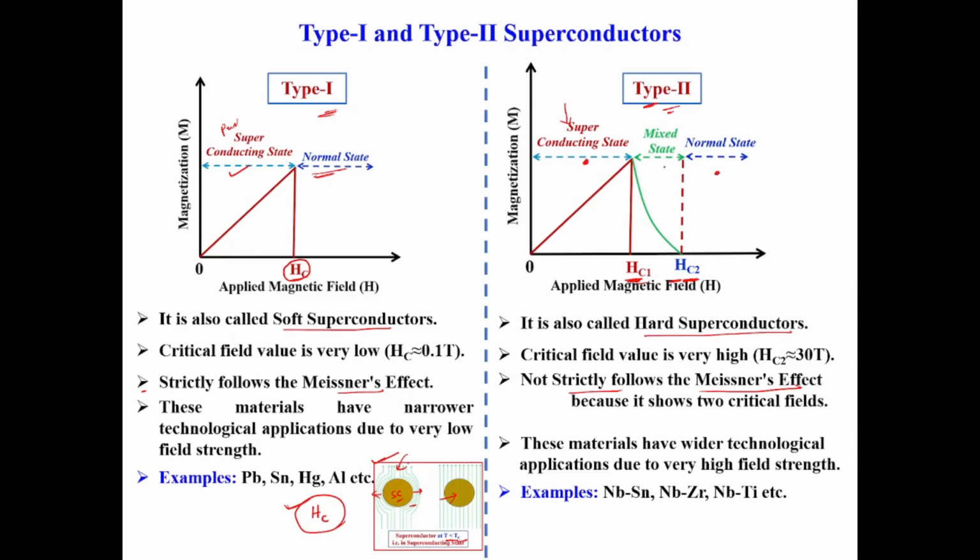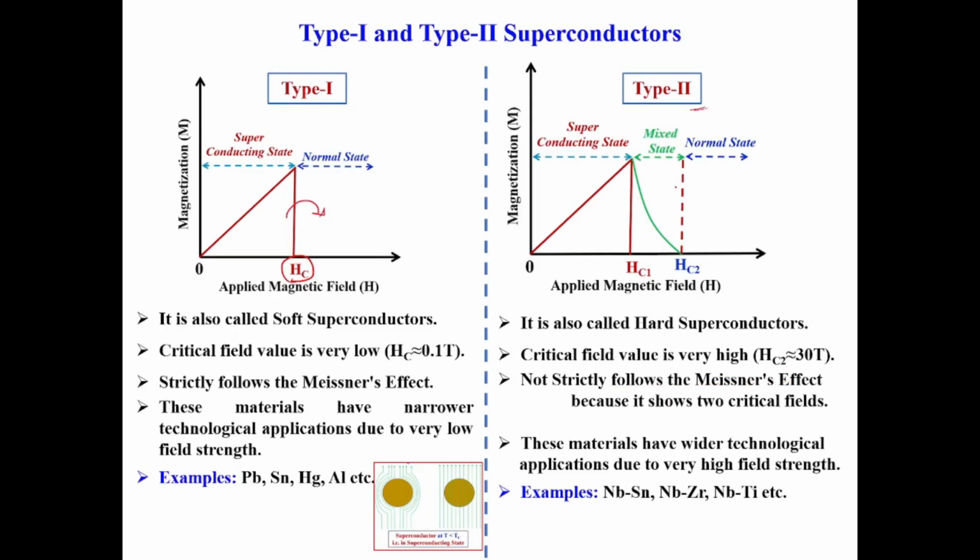In between, it is in a mixed state. So type 2 cannot strictly follow the Meissner effect, but type 1 strictly follows it. At a particular field Hc, type 1 suddenly transitions to the normal state, but type 2 does not.